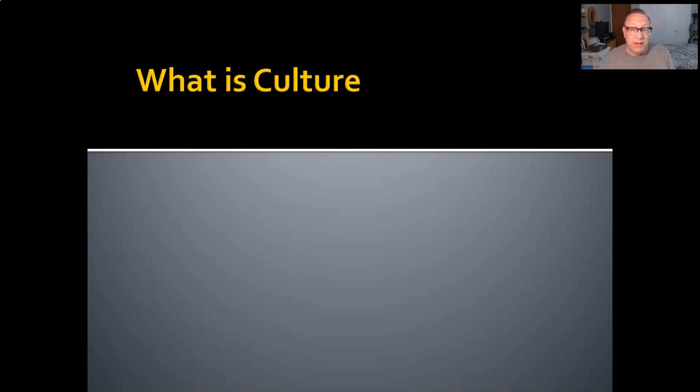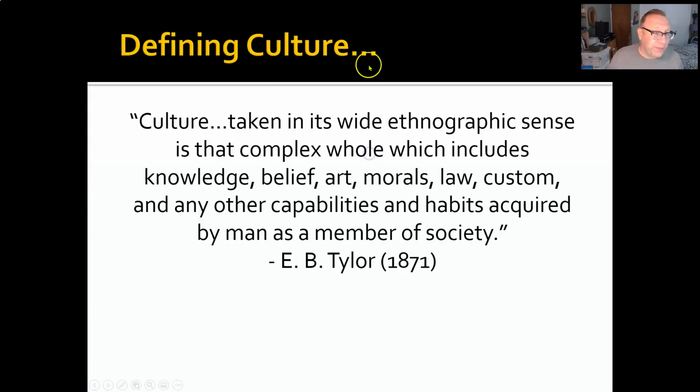It's the development of this ability to adapt our behavior within our lifetimes to different environments and different stimuli in very creative ways, and our ability to live in large groups with one another. So, let's find out what culture is.